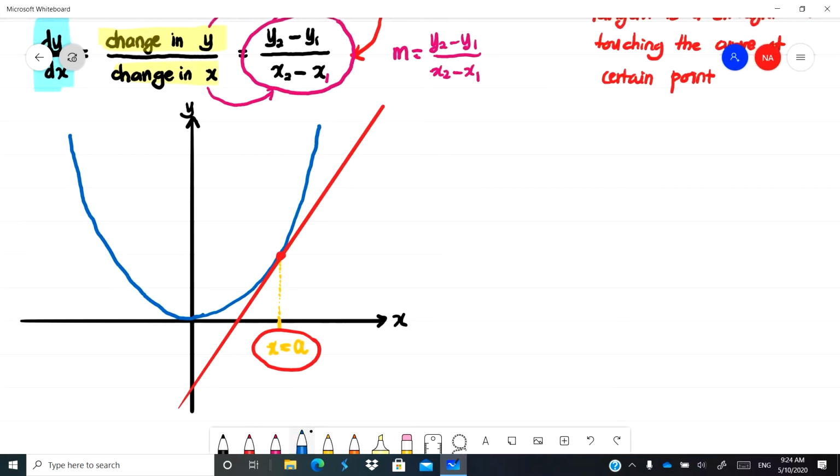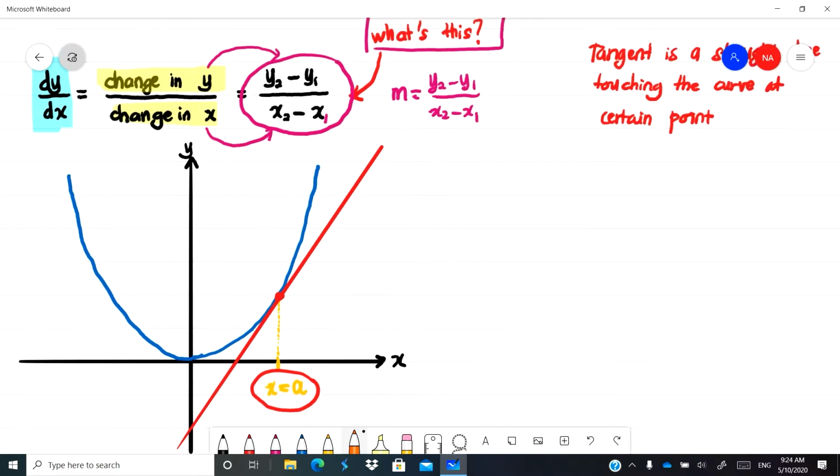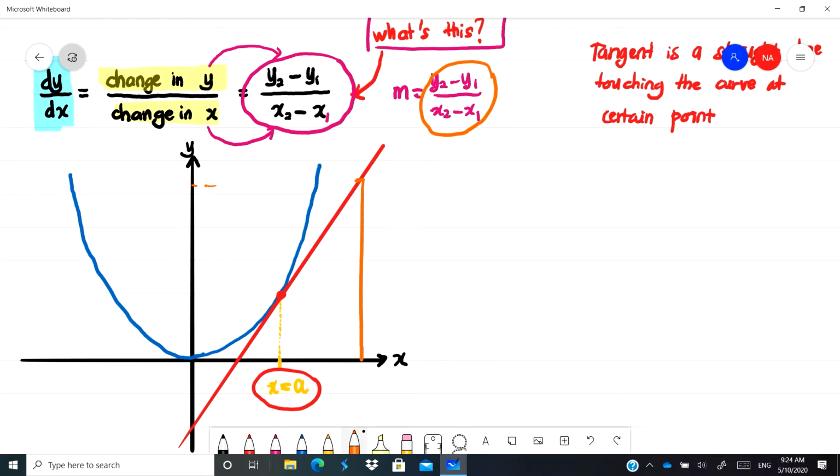Looking at the definition of y2 minus y1, suppose we draw a triangle here, connecting this to this. This is y2, and this is y1. So the difference, dy, is y2 minus y1.